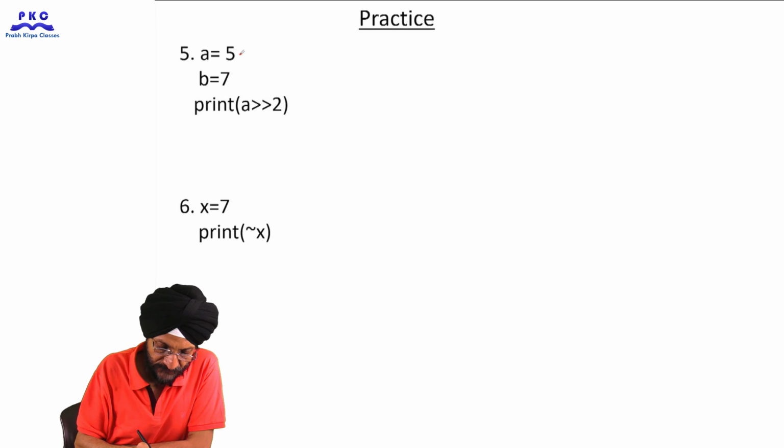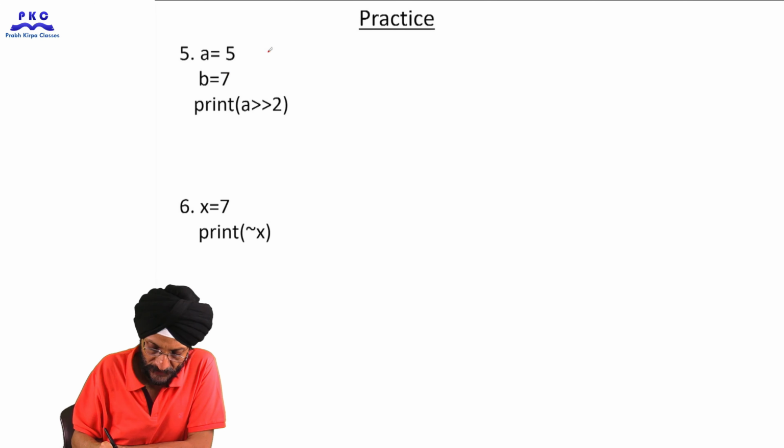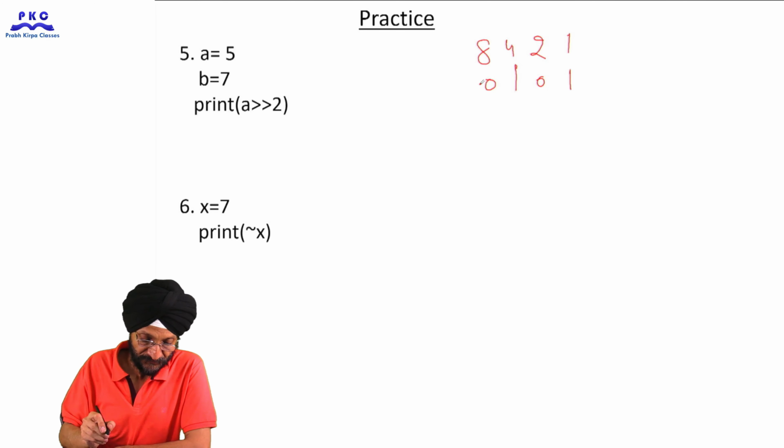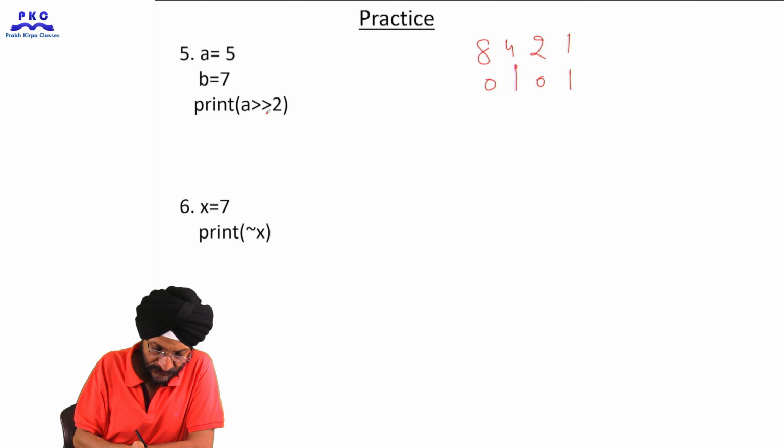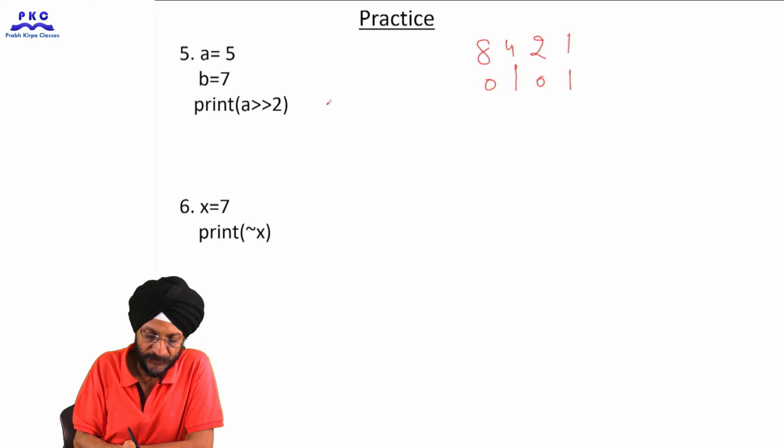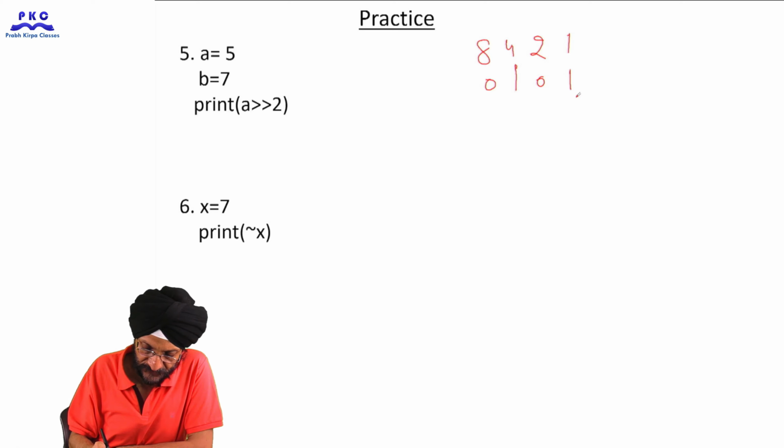Now we will convert 5 into binary, that is individual bits: 1, 2, 4, 8. How will we get it? 0, 1, 0, 1. So now what is given? Print A bitwise right shift 2.